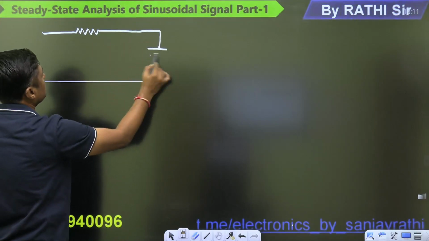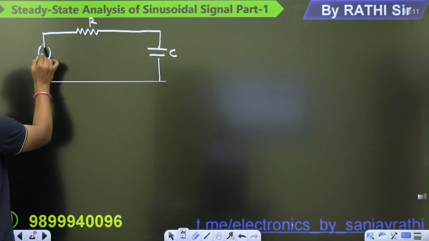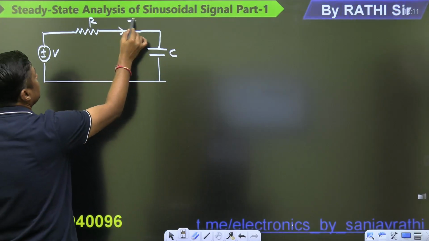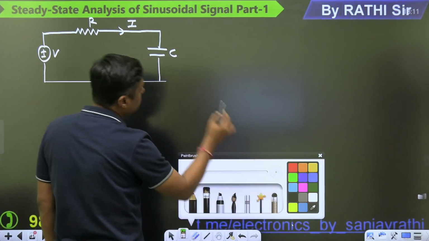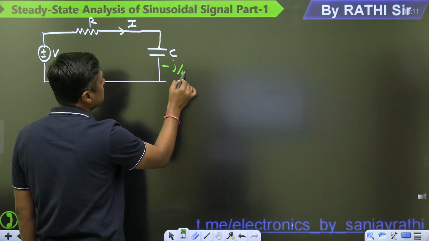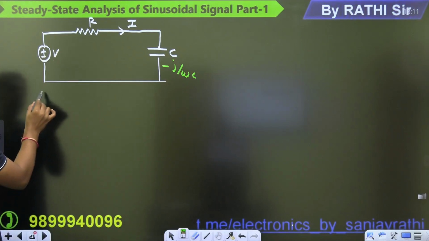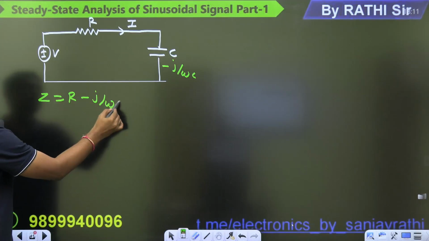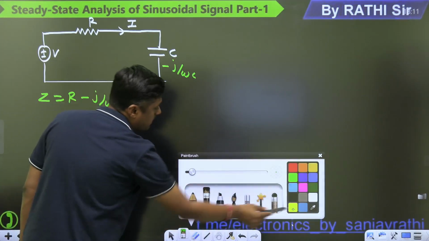This is C. This is R. Let us say we have applied the voltage V. Let this be I. The impedance because of C is given by minus j by omega C, and that will remain R. So the overall impedance is R minus j by omega C.